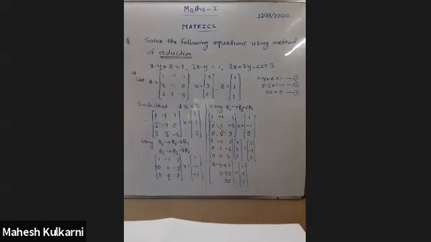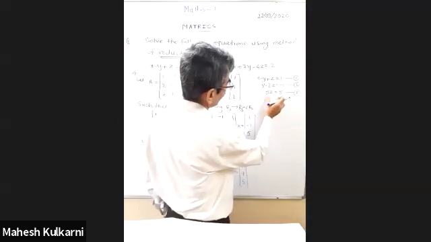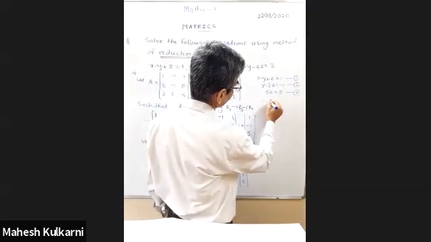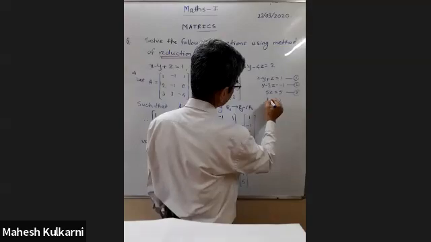Now, once again, we have three equations, but which are simple or easy to solve as compared to the original equations. Since variables are separated, from equation 3 you can easily find the value of z. Z is equal to 1.